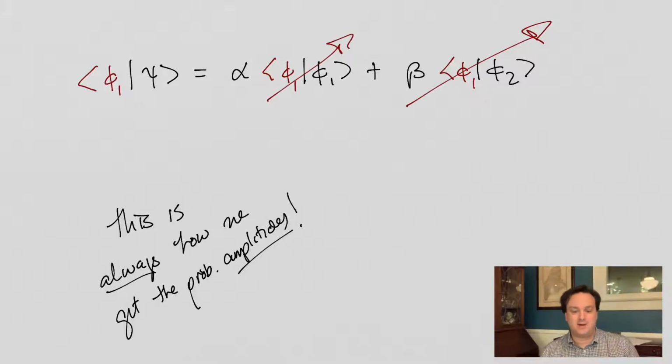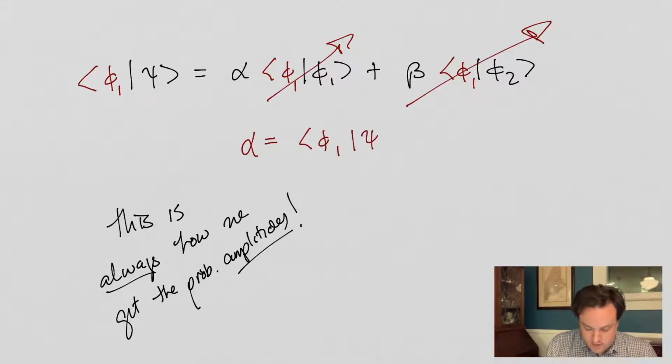That is, the inner product of phi1 with phi1 is equal to 1, and I get that alpha is the inner product of phi1 with psi. And this is what I think about when I have that idea of a probability amplitude, right? We use this word project or decompose. I do the Fourier trick to get out what that probability amplitude is by taking the inner product with the state that I'm interested in, for each of the states that I'm interested in.